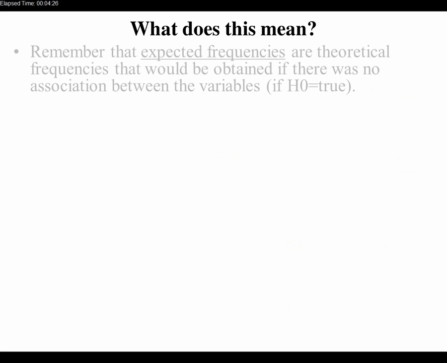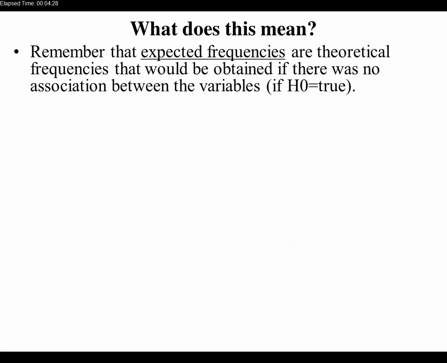What does this all mean? Well, remember that expected frequencies are theoretical. They are obtained if there is no association between the variables. In other words, if my null hypothesis is true.